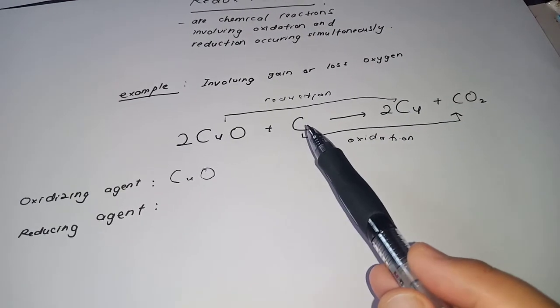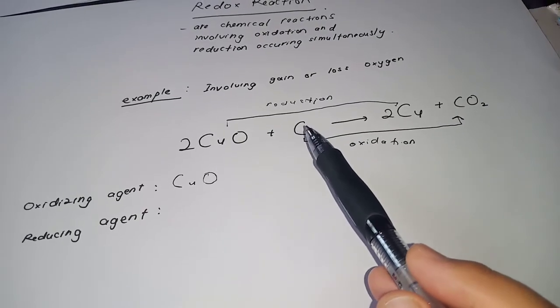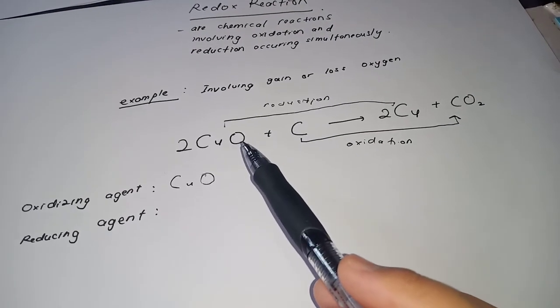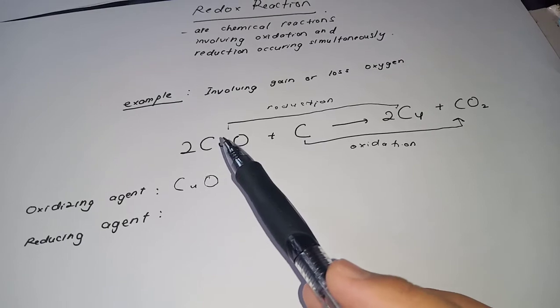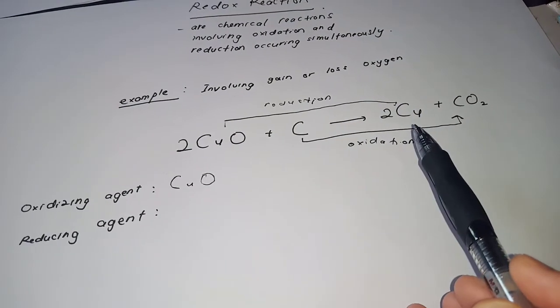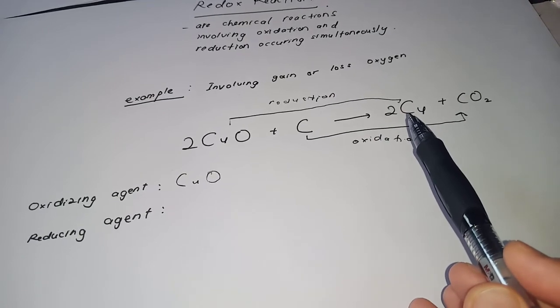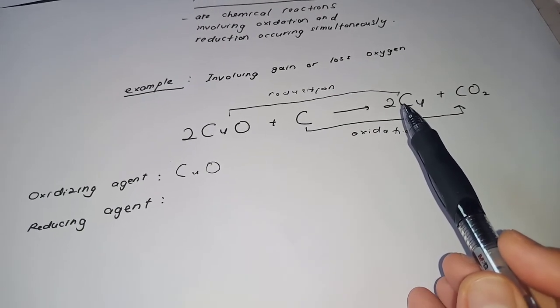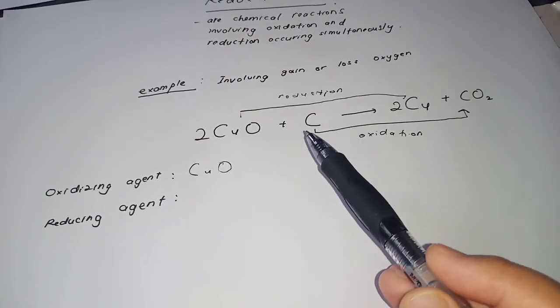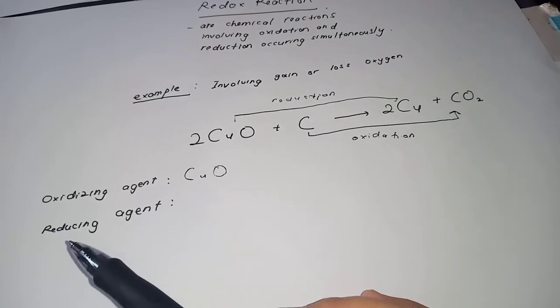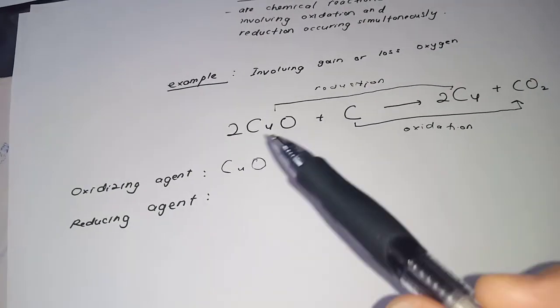Because of carbon. Carbon takes its oxygen, so that's why copper 2 oxide becomes copper. So it undergoes reduction. So right now, carbon is reducing agent.